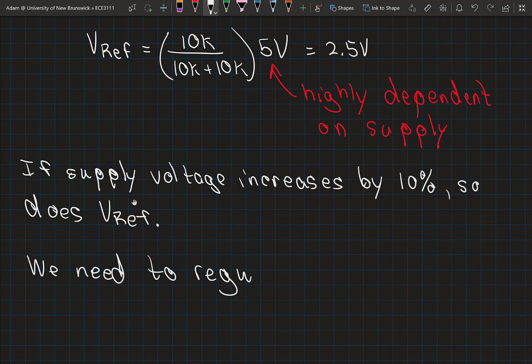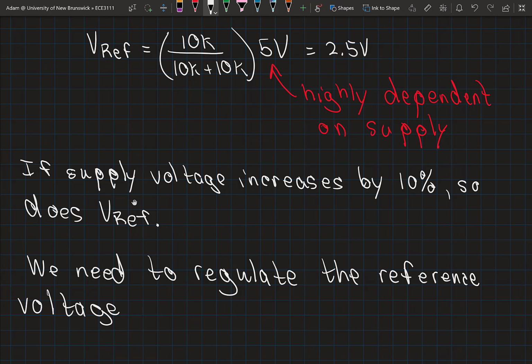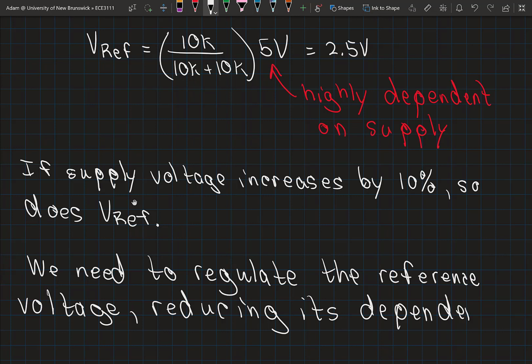We need to regulate the reference voltage and reduce its dependence on the supply voltage.